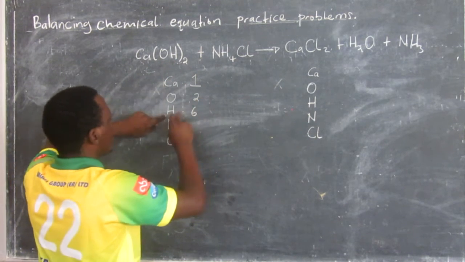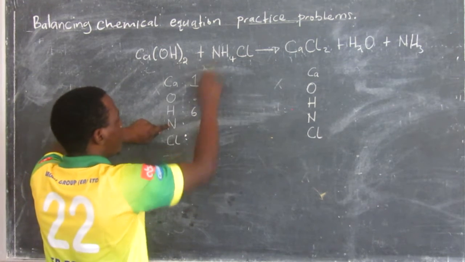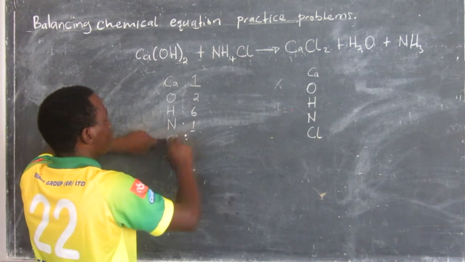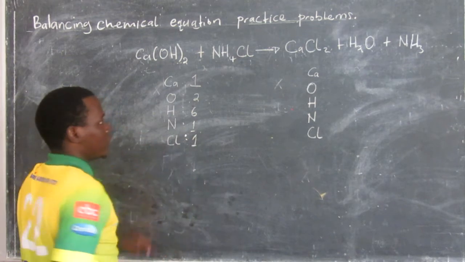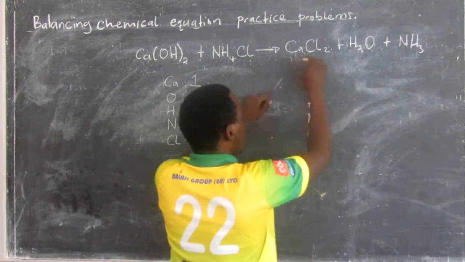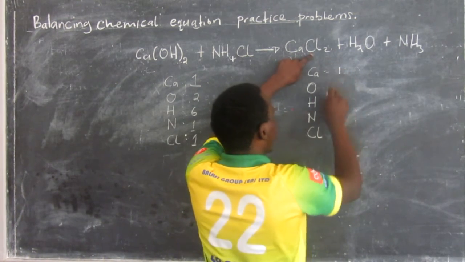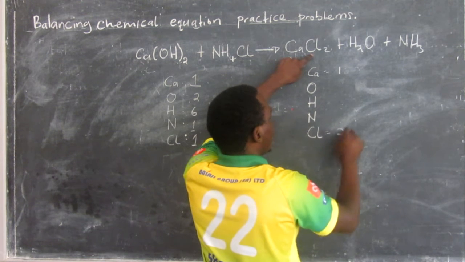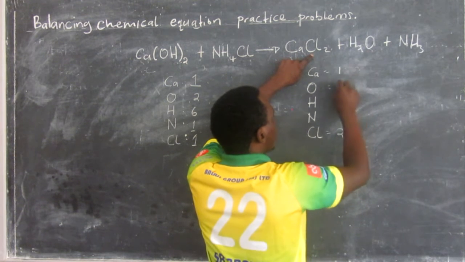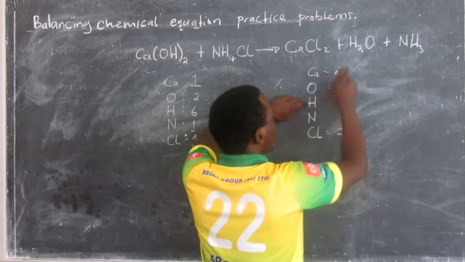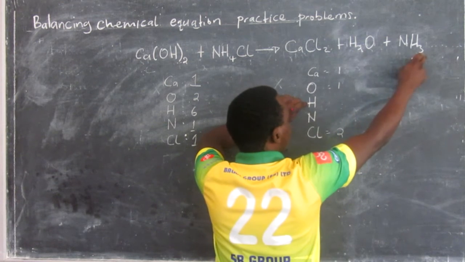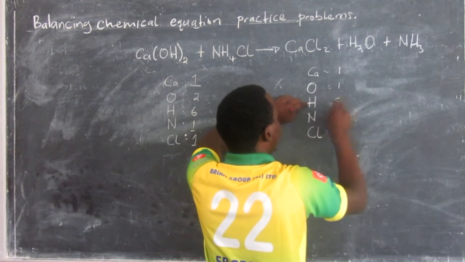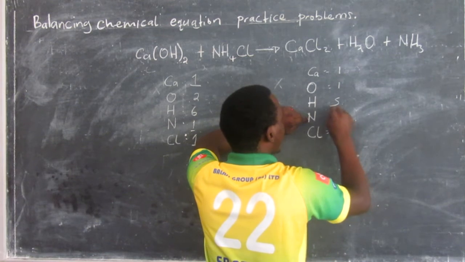We come to nitrogen, we have 1 nitrogen, and so we have 1 Cl. Come this side, calcium, it is 1, chlorine, there are 2, oxygen, it is 1, hydrogen, these are 2 plus 3, those are 5, and nitrogen, it is 1.